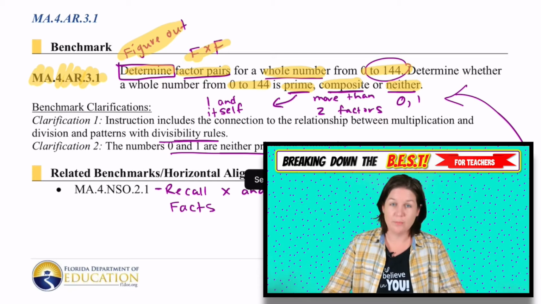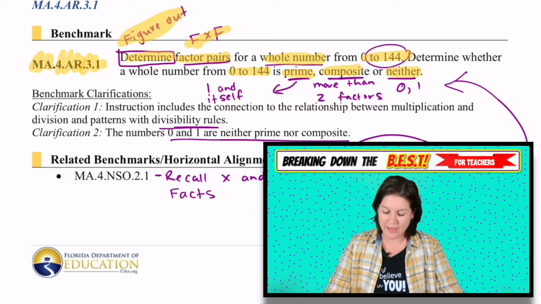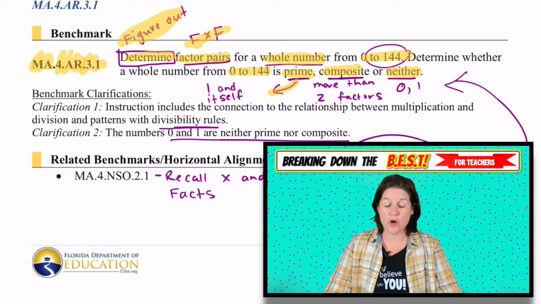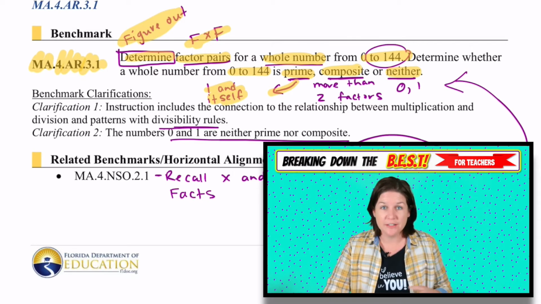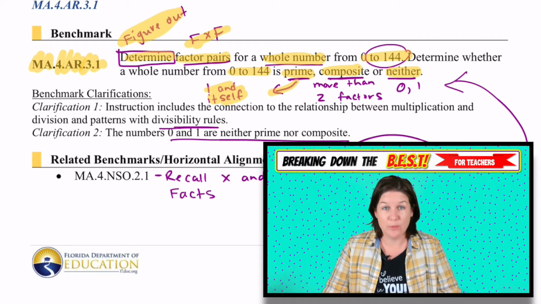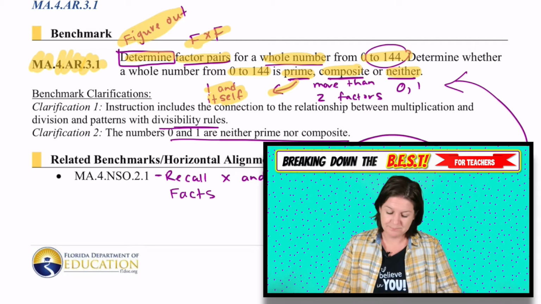For a whole number from 0 through 144, so we will not go below or above that, we will determine whether this whole number is prime, which means that the factors are 1 and itself only, like 13. 1 times 13, those are the only factor pairs that we can create for that number. That means that 13 is prime.